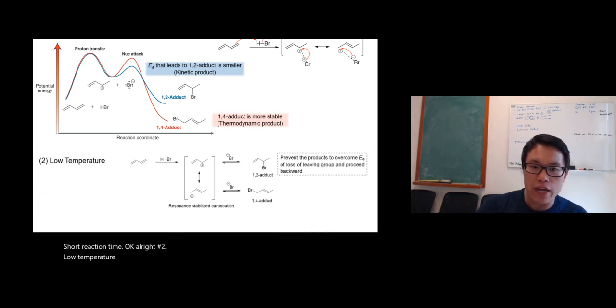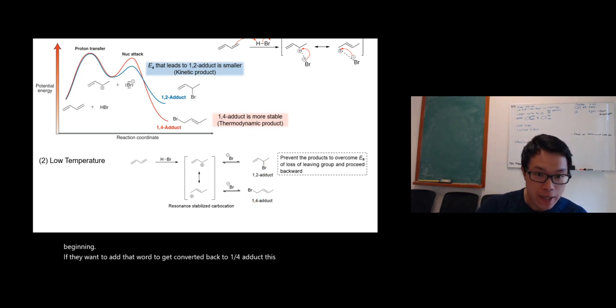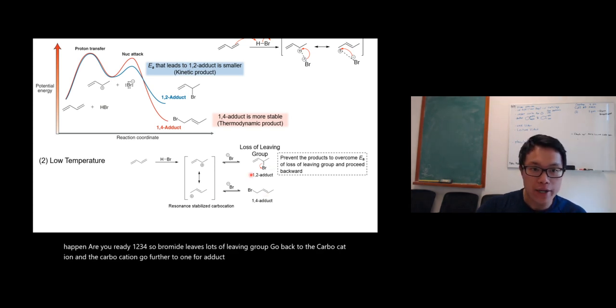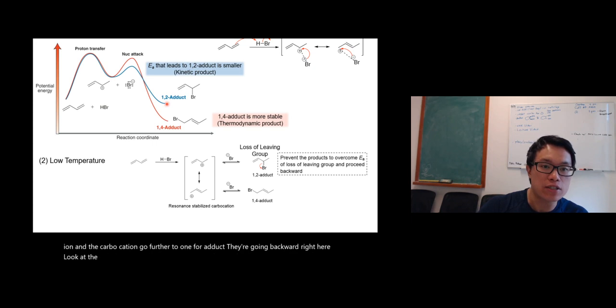Now look at right here. If the 1,2 adduct that has been formed at the beginning were to get converted back to the 1,4 adduct, this process needs to happen. Are you ready? 1, 2, 3, 4. The bromide leaves, loss of the leaving group, goes back to the carbocation, and then the carbocation goes further to the 1,4 adduct. Going backward, look at the activation energy right here, from the 1,4 adduct.